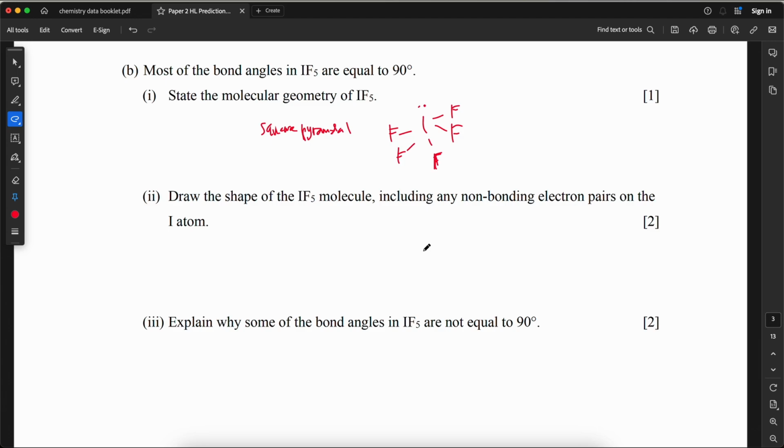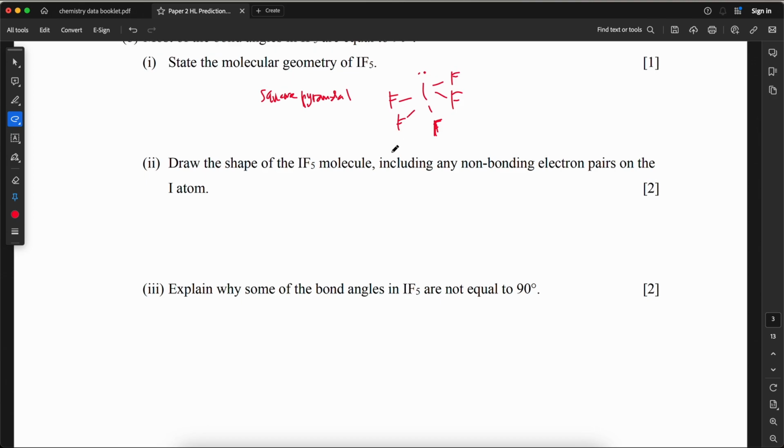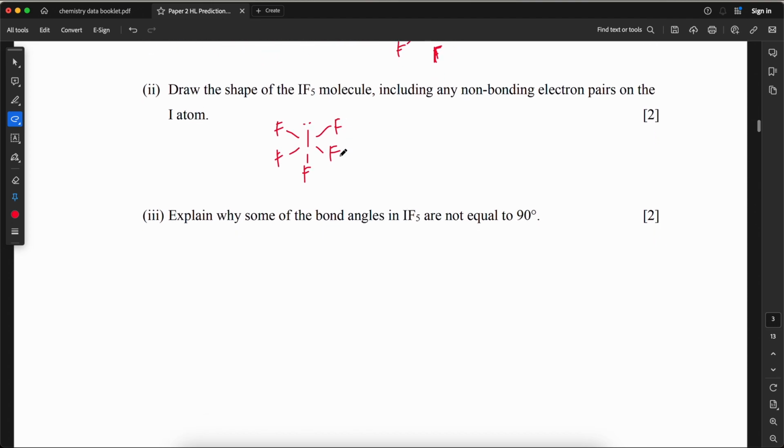Draw the shape of the IF5 molecule, including any non-bonding electron pairs on the I atom. As I already drew it here, so I will draw it back. So F, F, F here, like this. Explain why some of the bond angles in IF5 are not equal to 90 degrees.